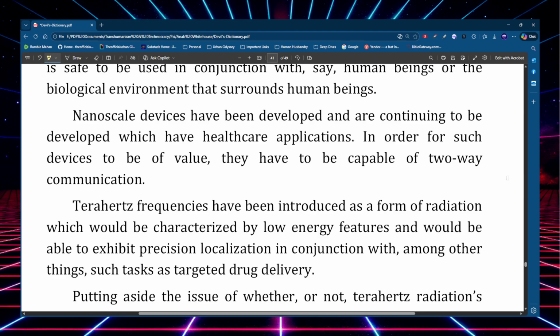Nanoscale devices have been developed and are continuing to be developed, which have healthcare applications. You're going to hear that a lot, healthcare applications. And maybe there are a small amount of healthcare applications, people who have informed consent or whatnot.